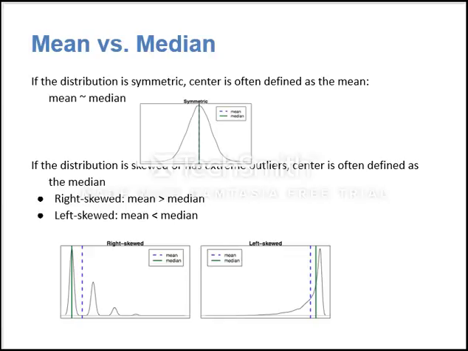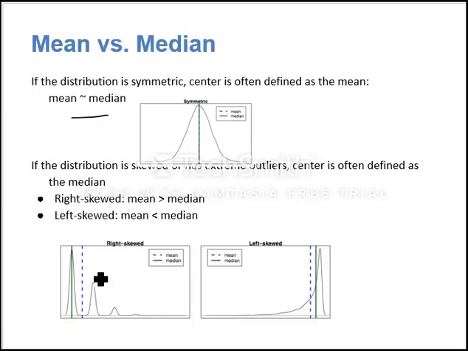So we can see that laid out here for some specific distributions. When we have something that's symmetric, as in this first diagram, the mean and median are roughly about the same. That's because the mean's not going to be pulled to the left or to the right by outlying observations, because we have about an equal number of low observations as we do high observations.